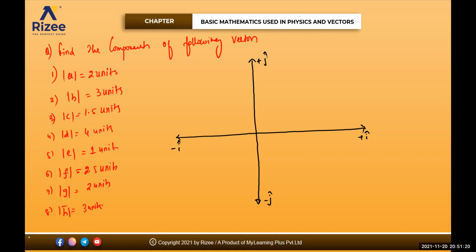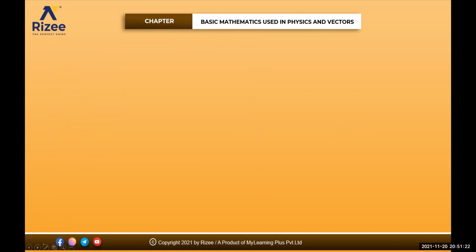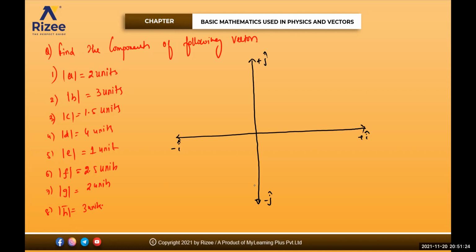Okay. This is a given diagram for us. Sorry. First vector is like this. This is a given diagram, but no problem. This is A bar. This is B bar, which is making an angle of 37 degrees with x-axis. This one is your C bar. This one is your D bar, which is making an angle of your 60 degrees.